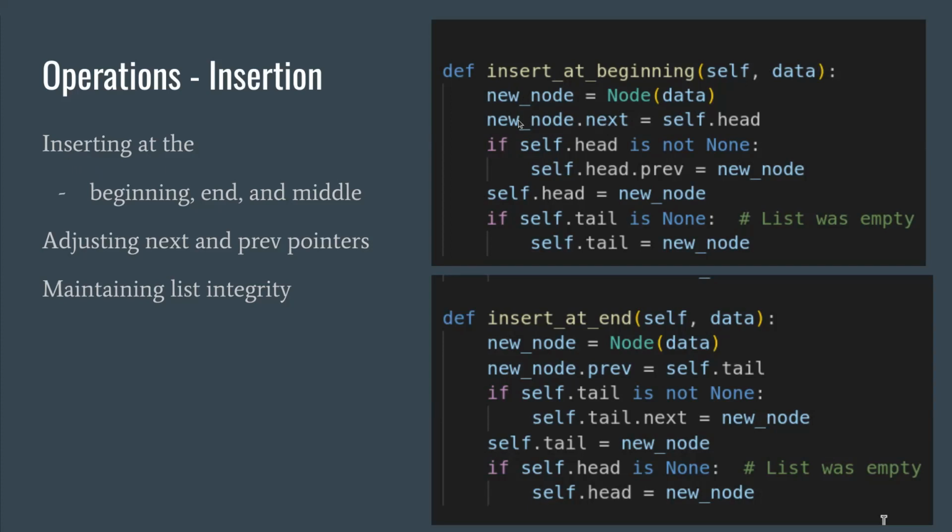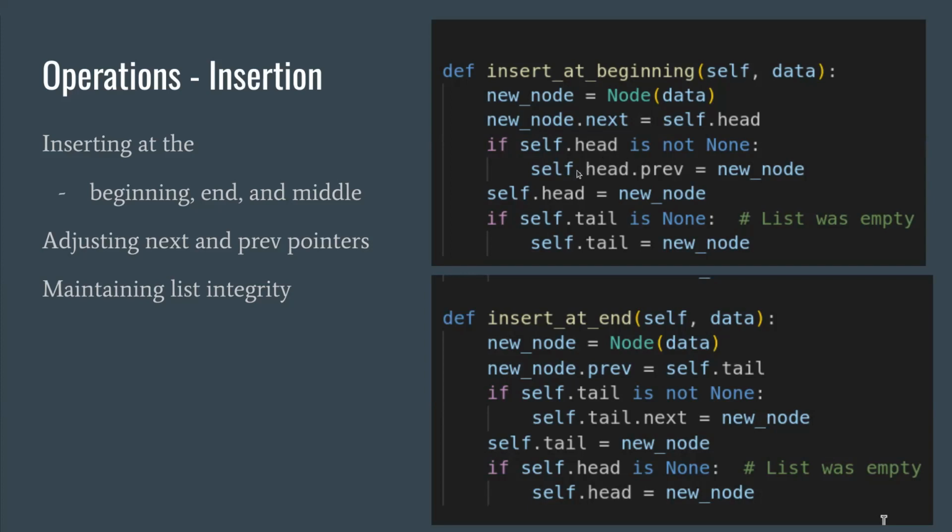We will first say that the new node's next equals self.head, since we're inserting at the beginning. And if self.head is not None, this means that we already have nodes in this doubly linked list.